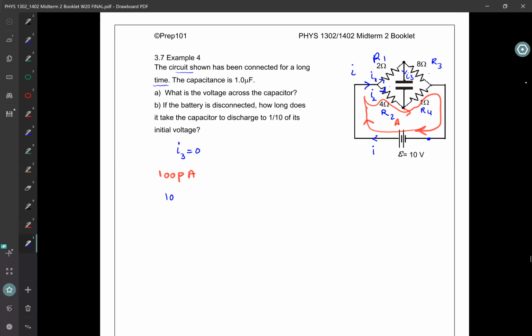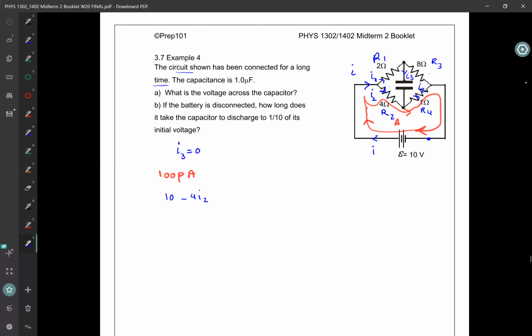Then keep moving, and now remember, you're picking loop A. Then I move here, then I will get to R2. R2 is 4 ohms, then I'm going to write minus 4I2. And keep going. So this I2 will also go through R4 as well, because I3 is 0.